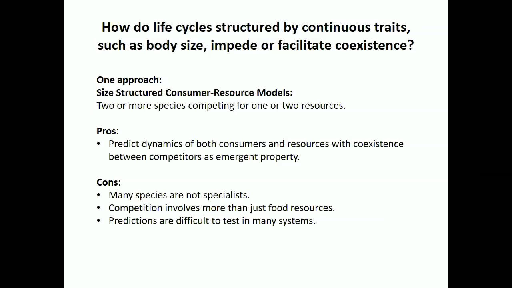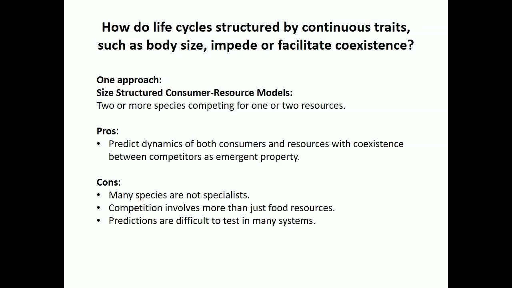And there's been a fair amount of theoretical work done on this using what you might think of as size-structured community resource models, wherein you have two or more species competing for one or two different resources, and then the model's coexistence emerges from the interactions between different sizes of individuals in those populations. These are great models, and they're very useful for thinking about how coexistence emerges from these types of very intricate interactions.